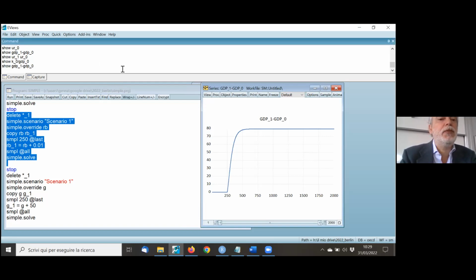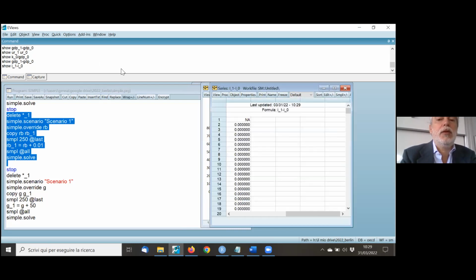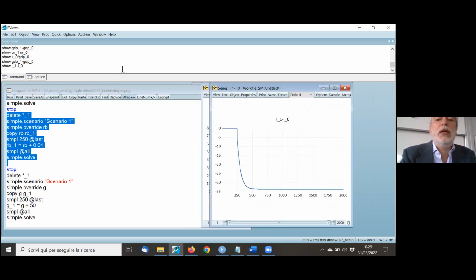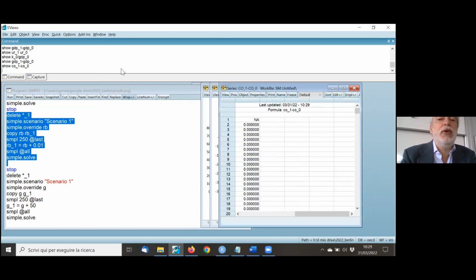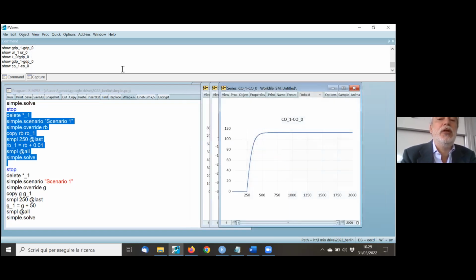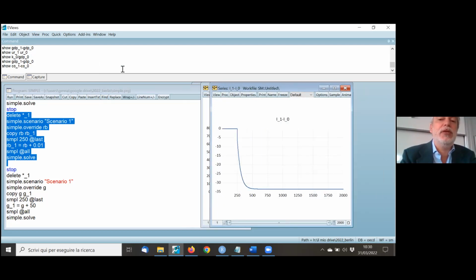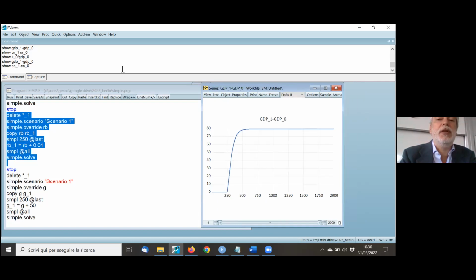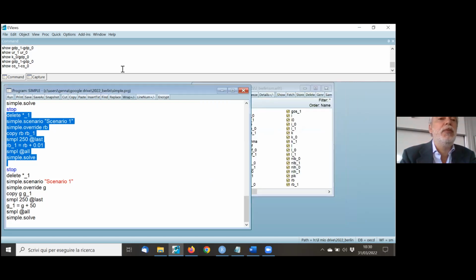Because investment drops, as we expect for the higher interest rate on loans, but consumption increases more because of the additional interest gained on bonds. The effect on consumption is larger than the effect on investment, so you have an increase in GDP.